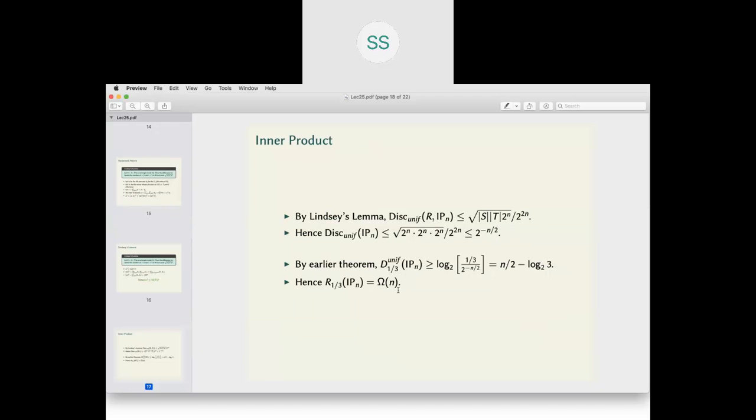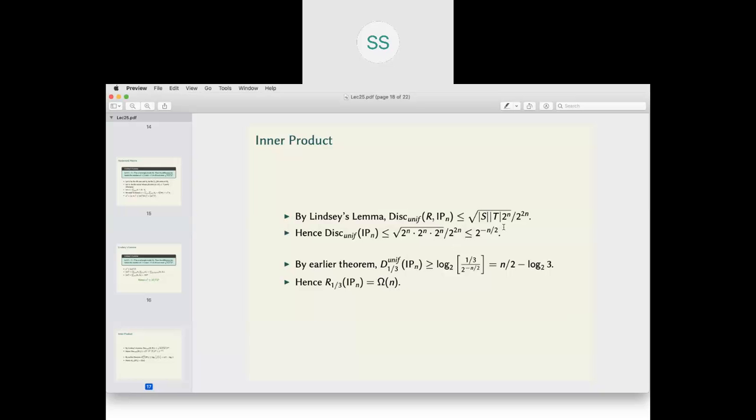Okay. So the only thing to note here is that Lindsay's lemma gave us the difference between the number of ones and minus ones, and what we need is a discrepancy with respect to a particular distribution, the uniform distribution. So we just take the difference in the number and multiply it with 1 by 2 power 2n, right?